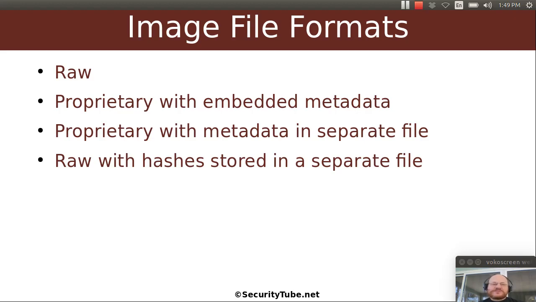You also have proprietary formats with the metadata in a separate file. So essentially what you have is a raw file and then metadata in a separate file. You can also create a raw image and then create hashes to store in a separate file.